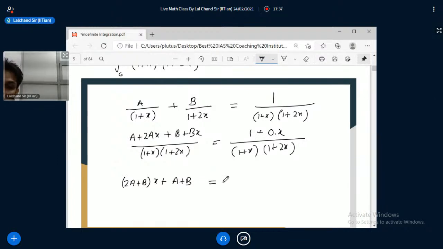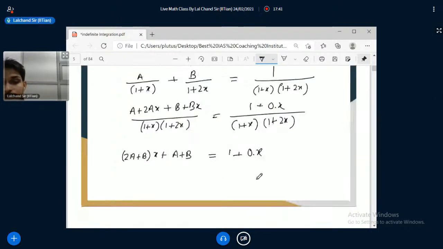So if I compare both sides, 1 plus 0 into x, then A plus B should be equal to 1, the constant term, and 2A plus B equal to 0.